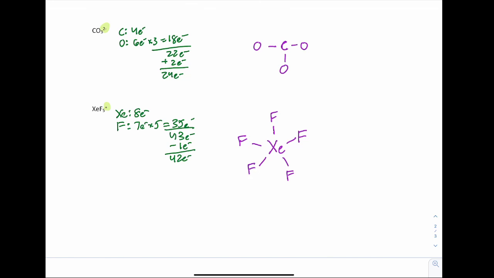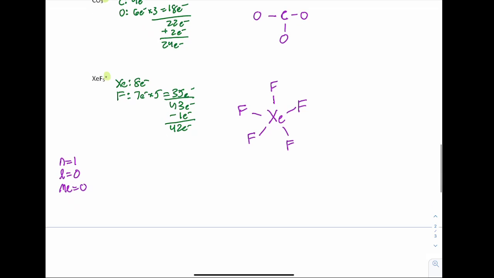So I know I just put 10 electrons around xenon, but remember our first shell, right? There's only 1 orbital. There's 2 values for m sub s, so I can have 2 electrons per orbital. So 2 electrons max, right?